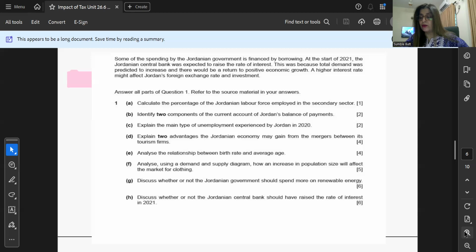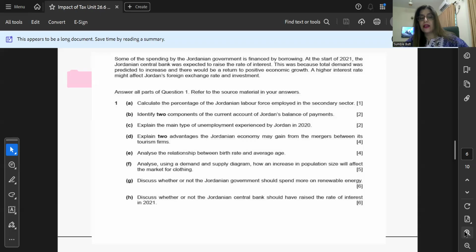It would lead to increased GDP. Mergers can also improve the financial performance of businesses through cost savings and increased revenues, which hints at economies of scale.